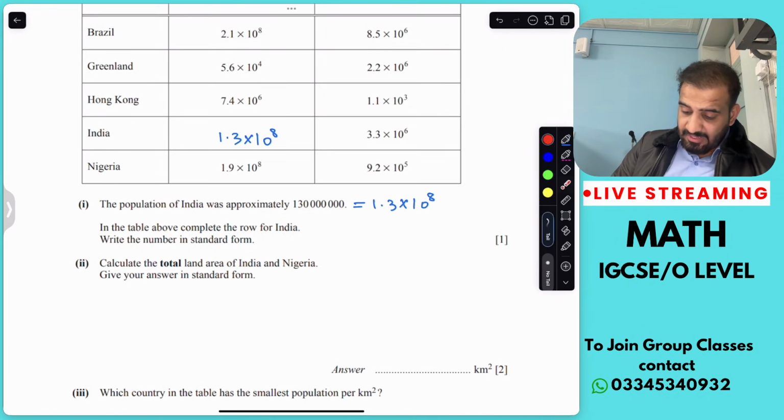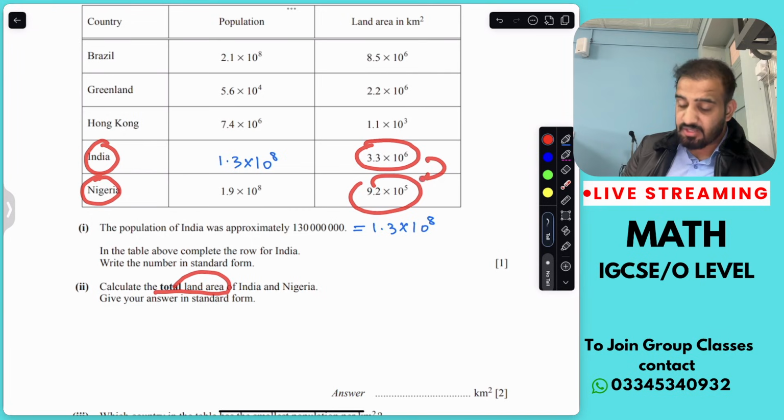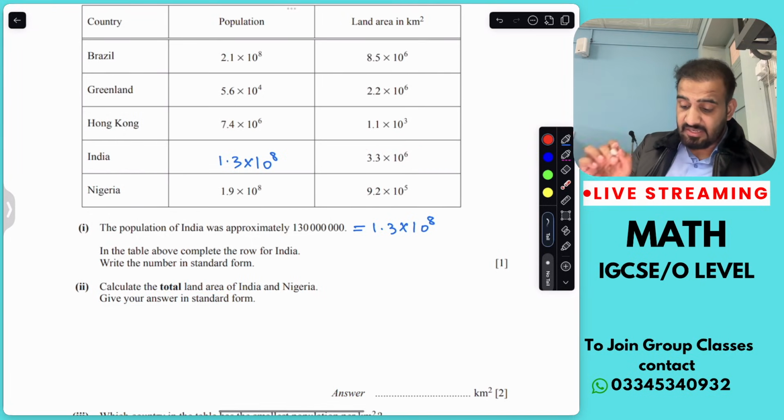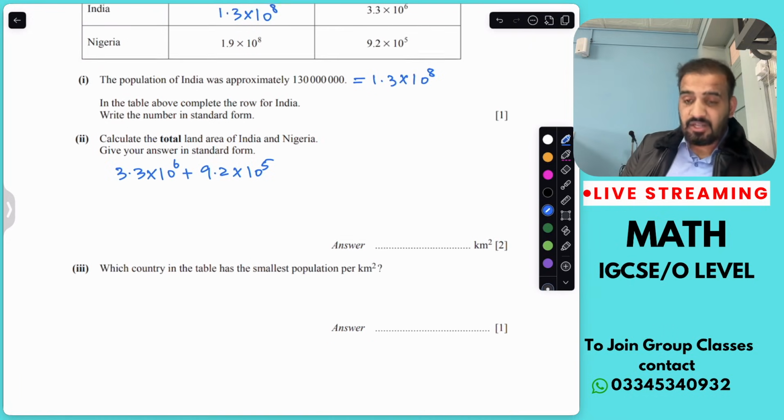Next, we have to calculate the total land area of India and Nigeria. Total land area means this plus that. Okay, you have to add India and Nigeria's total areas and give your answer in standard form. So what was the total area of India? It was 3.3 cross 10 raised to power 6. Plus, what was the total area of Nigeria? It is 9.2 cross 10 raised to power 5. So how to add two standard forms?